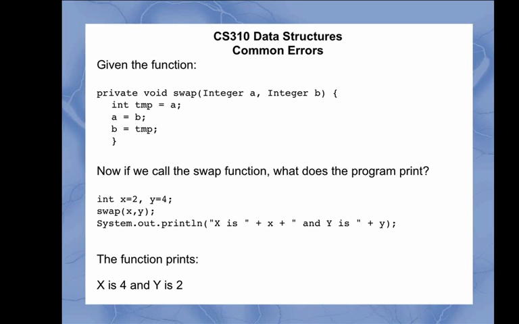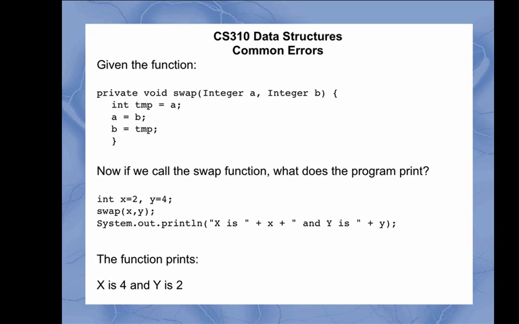Here we have swap x y, and they're not the same type. That is, the prototype of our function is Integer A, Integer B, and we're passing in instances of variables int x, int y.